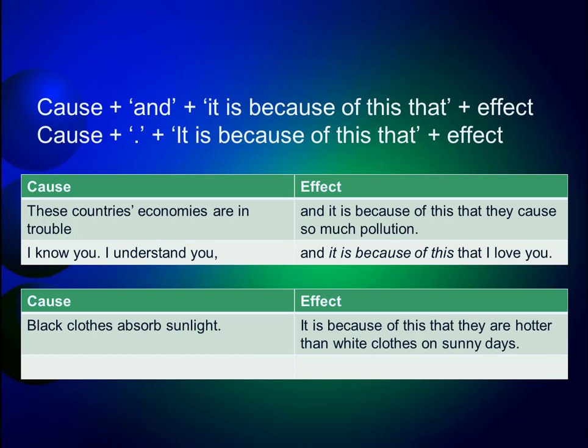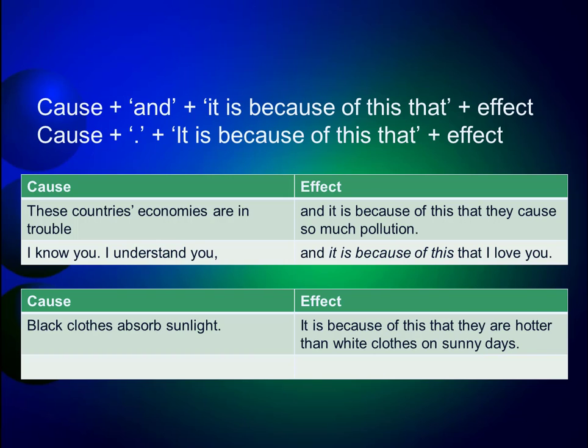Now, it is because of this, that. These countries' economies are in trouble, and it is because of this that they cause so much pollution. Okay, so this is a kind of complicated grammar, but here's how it works. These economies are in trouble.